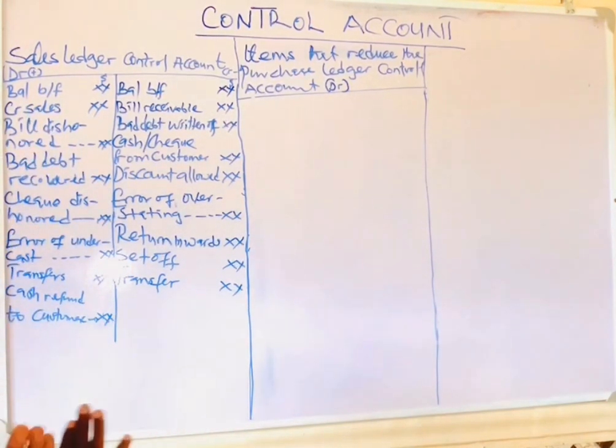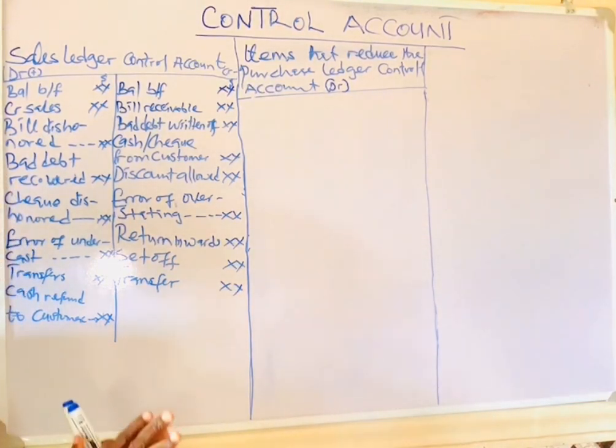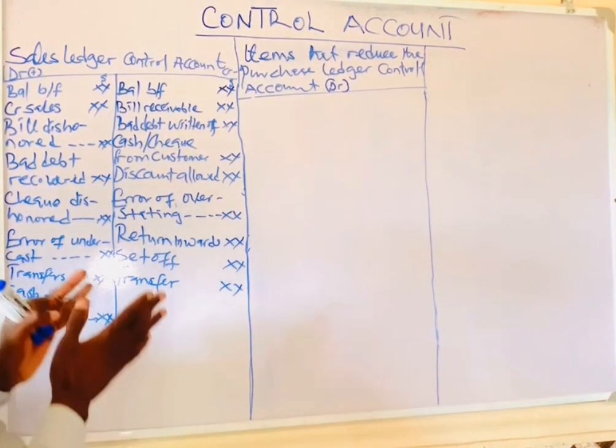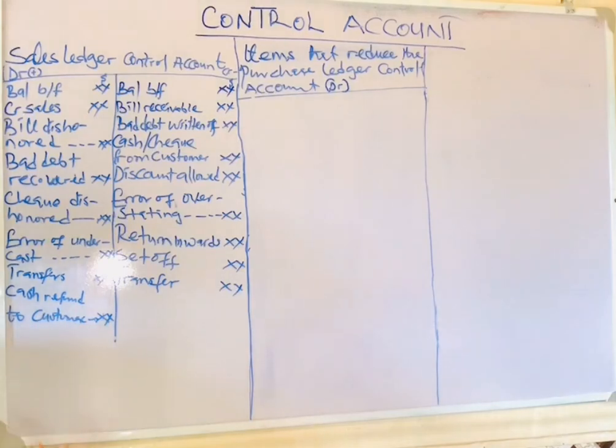That is the difference. Since it is a credit balance, the entries will be the opposite of the sales ledger control account.